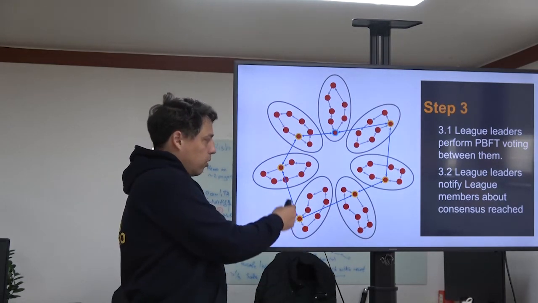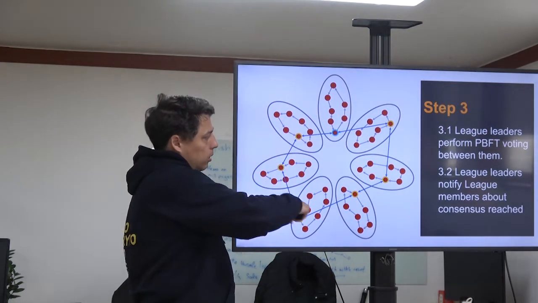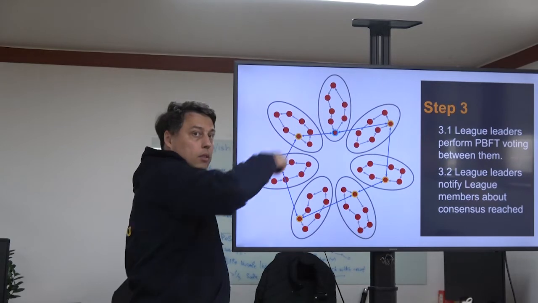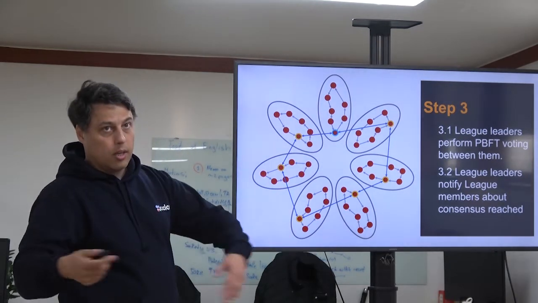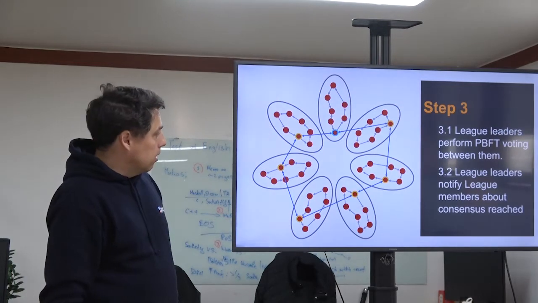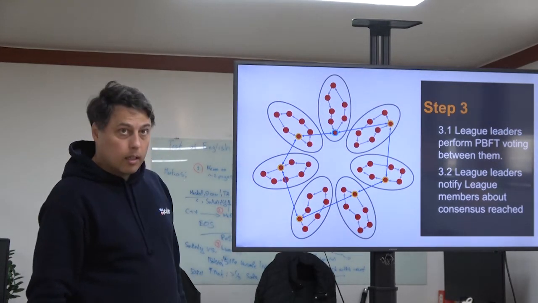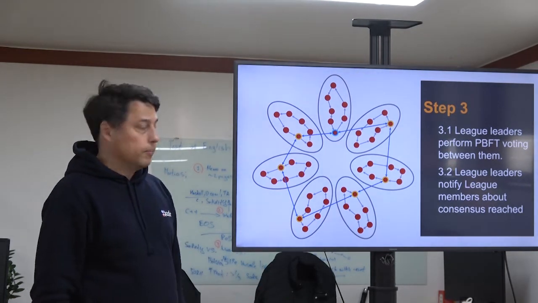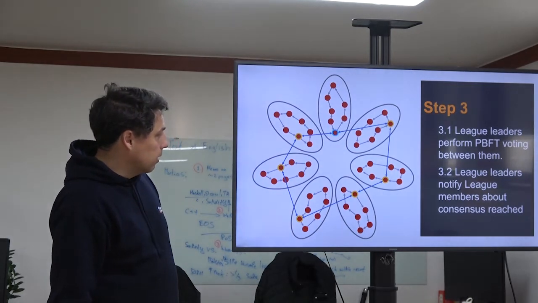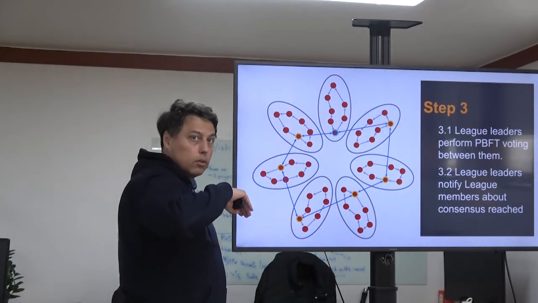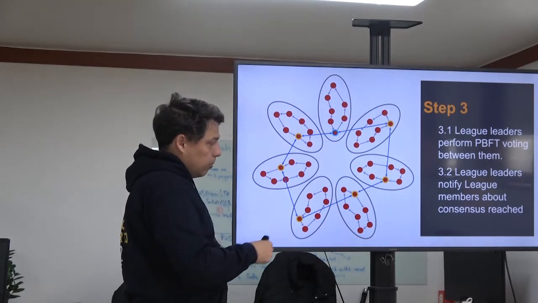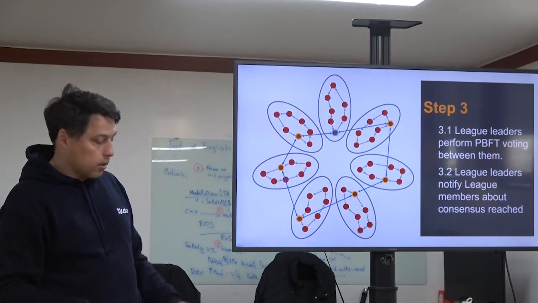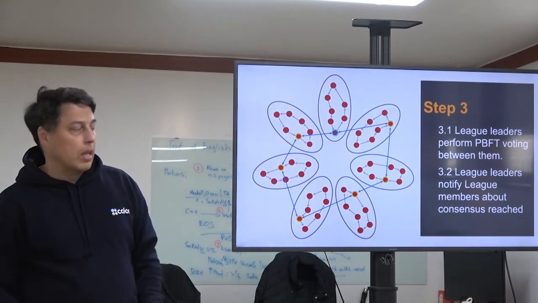Every node in this group of leaders, including the primary block builder, who is the leader of its own cluster, exchange the opinion of their league and make a common decision, whether to accept or not. And after this consensus is found, the leader communicates to all of the other nodes in the league that the total decision is like this.